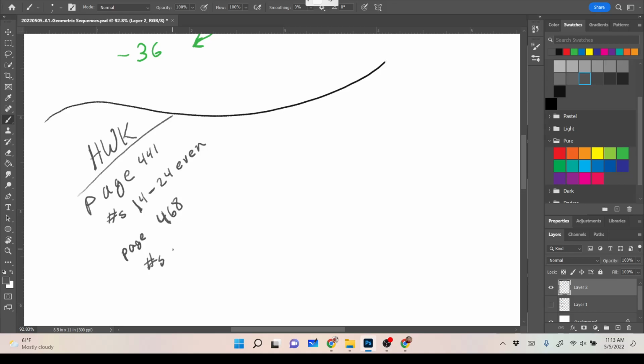Numbers 2 through 6, evens. That's not bad.